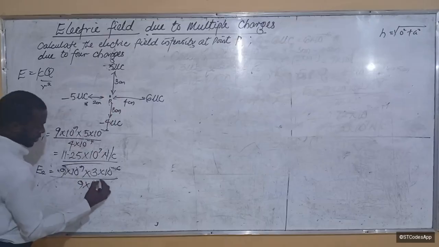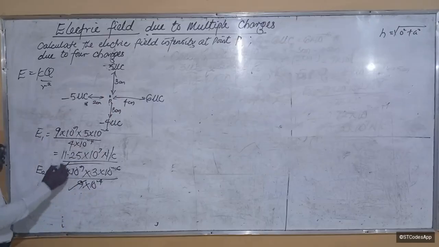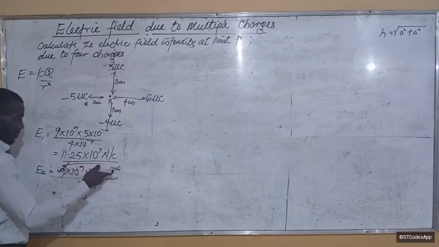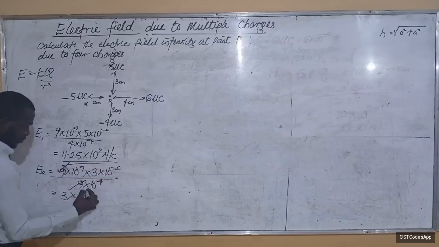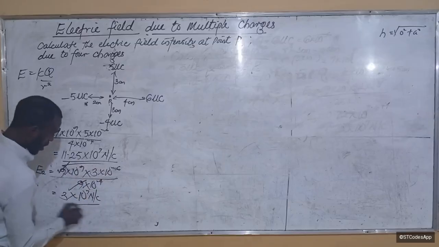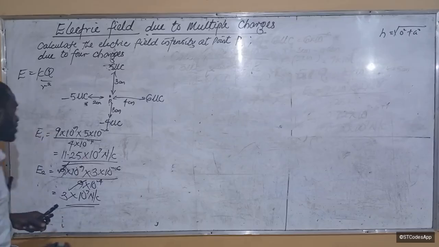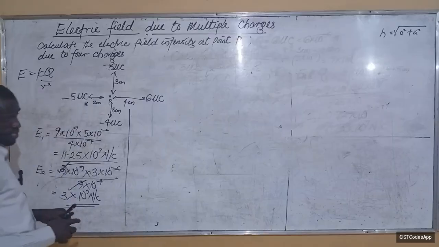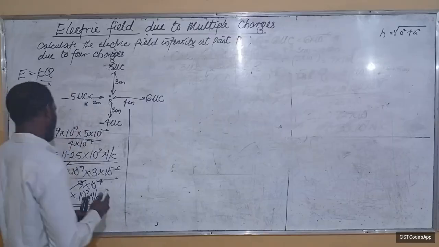That will be 9 times 10 to the power minus 4 meters. This takes care of this, and then we have 3 times 10 to the power 9 minus 6, 3 plus 4, 7 again, Newton per coulomb. Is that clear? Then someone is asking, will it always be as sweet as this, giving us 7 all the time? I'm not saying so.